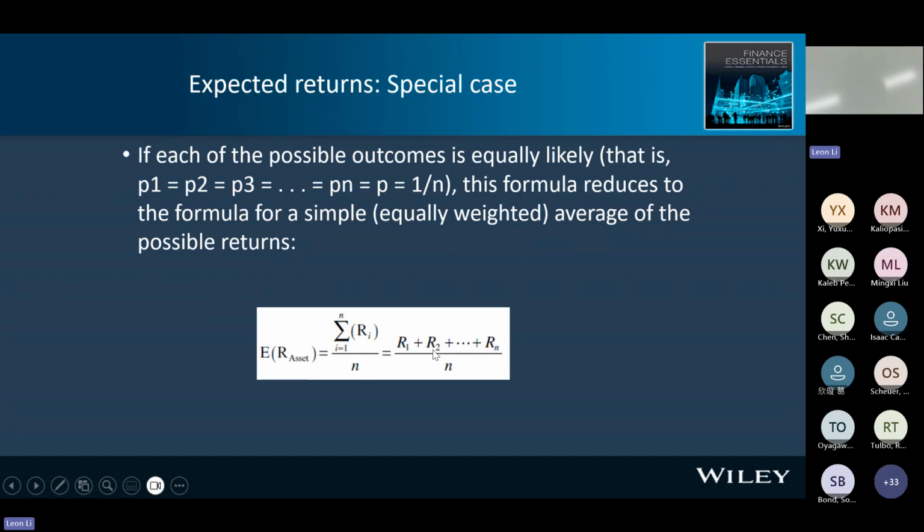So you can see we have the simple average. This is a special case if the probability is constant, right? All the possible outcomes have the same probability to occur. Okay.